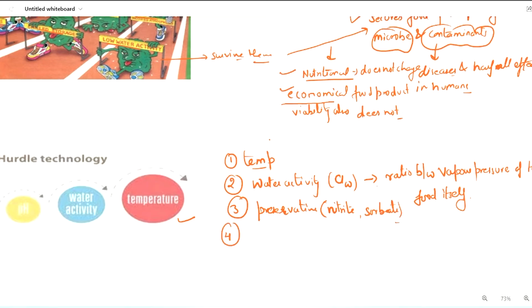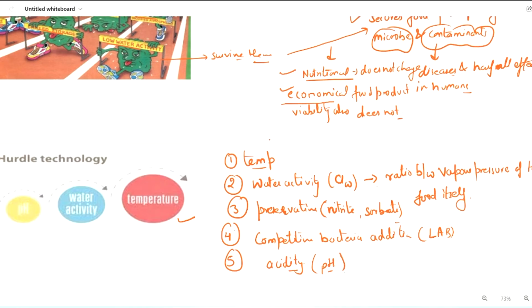Another hurdle is competitive bacteria addition, for example lab bacteria, right?